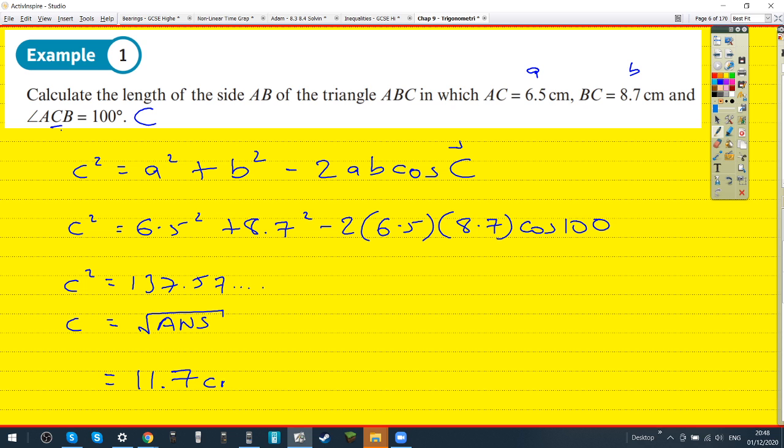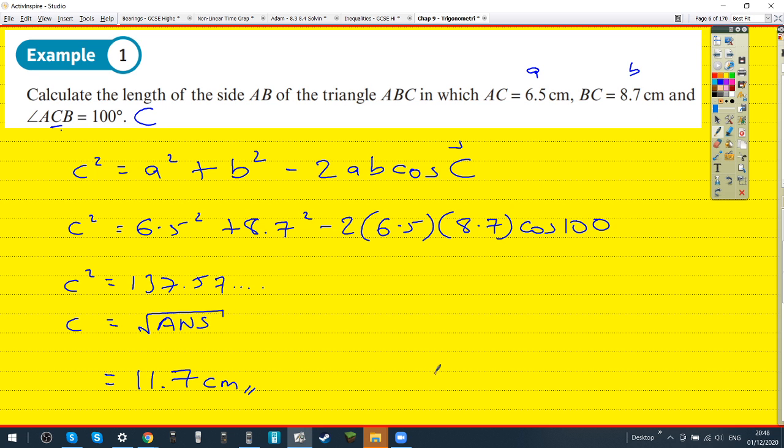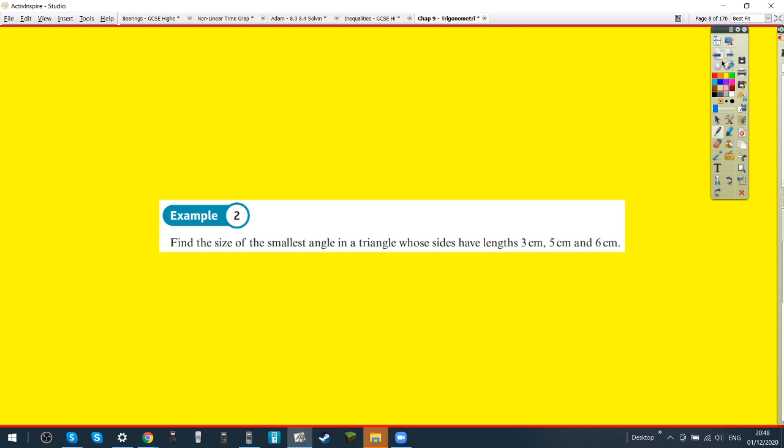And then what would you round it to? Okay, what decimal place? The standard is 3 significant figures, which is like 3 digits, and so that's what that is. And they did the same thing, 11.7. So if they don't say, then that's what you do. But you keep your working out as accurate as possible, so you only round it like that at the very end.